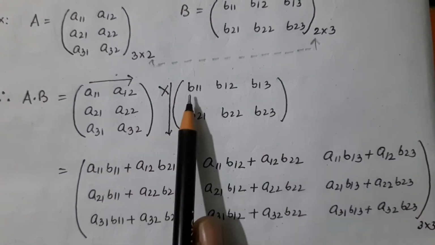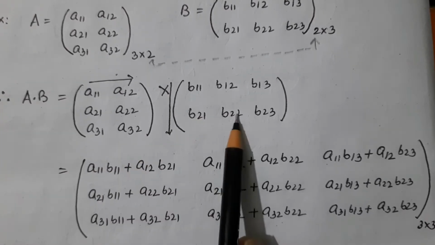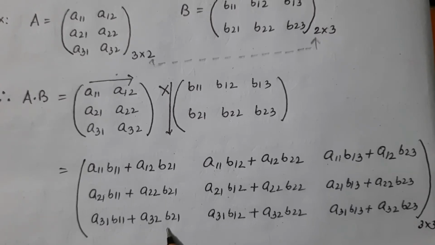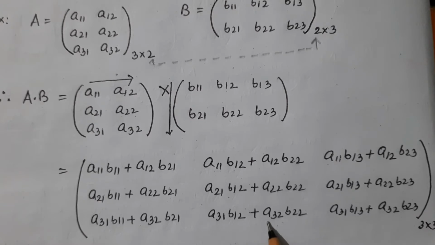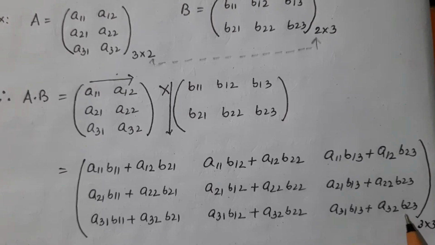Similarly, the third row of the first matrix multiplied with each and every column of the second matrix gives A31 B11 plus A32 B21, A31 B12 plus A32 B22, A31 B13 plus A32 B23, and we get a matrix whose order is 3 cross 3.